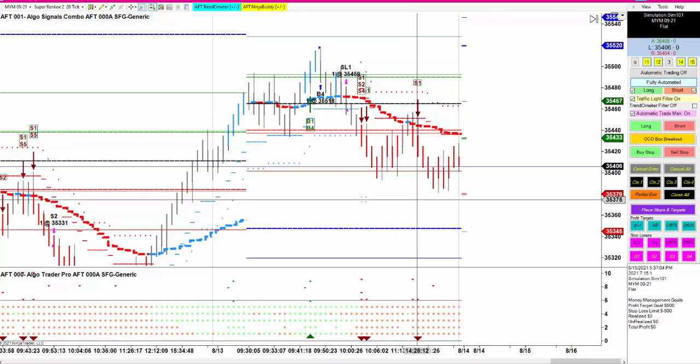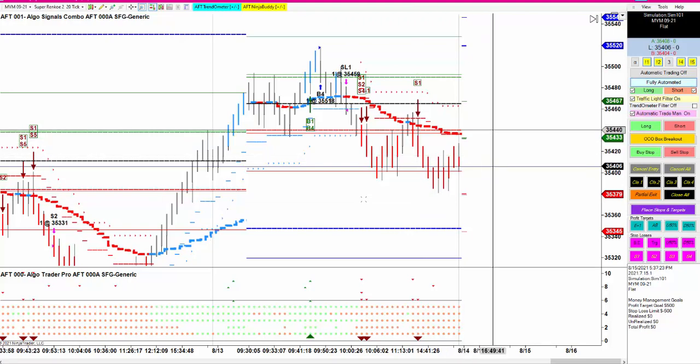Maybe it's the morning where the Fed is going to announce a potential change in interest rates that afternoon, and maybe we're just going to stay out, wait for that event to happen, and get by that event before we resume trading again. So we're piloting a plane. We're not just putting it on autopilot and letting it do whatever it wants. That's the best way to trade it, and that's where you're going to have the most success.